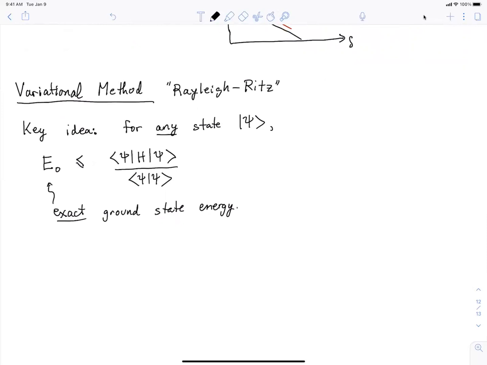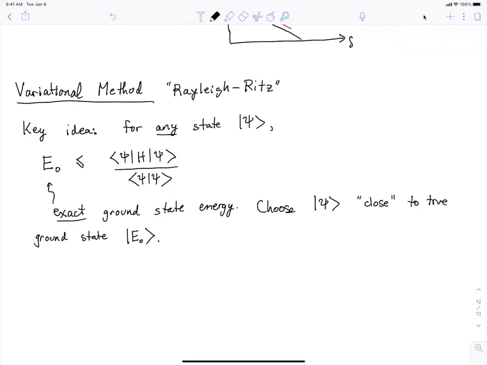But now what we're going to try to do is use a little bit of cleverness in choosing which psi we pick. So we're going to choose our state psi to be close, I'll put that in parentheses because in practice, we may not know how close, to the true ground state, which we can call the ket E0, just labeling it by its eigenvalue.